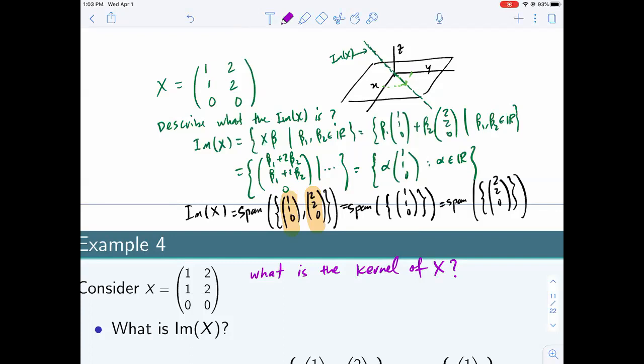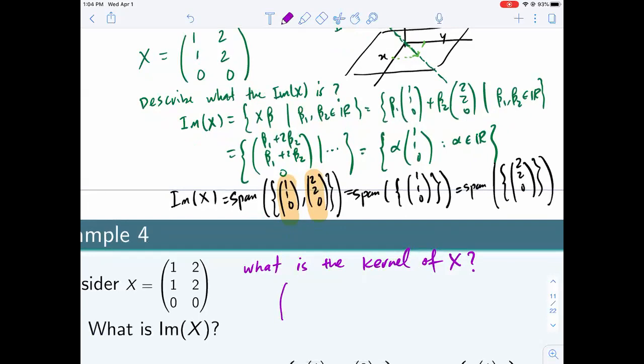If we use the definition of kernel here, the matrix X times the vector beta 1, beta 2 equals 0, 0, 0. So we have the matrix with rows 1, 2 repeated, times beta 1, beta 2, equals 0, 0, 0.